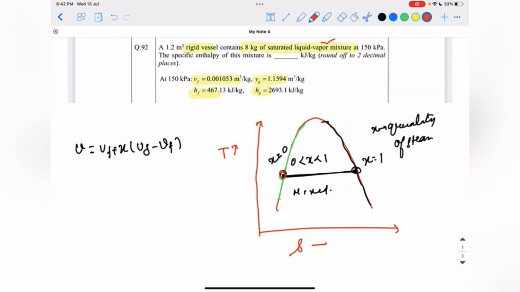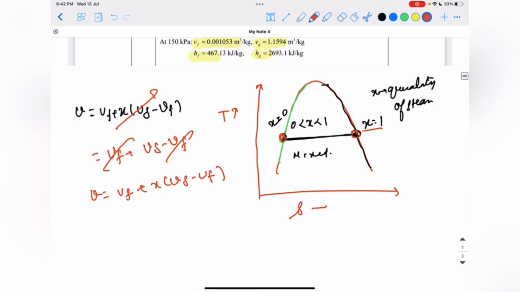So if I put X is equal to 0, then the value of specific volume will be Vf, and at this point X is equal to 1. So if we solve this, then we will get Vg minus Vf. This gets cancelled, and at this point the value of specific volume will be Vg. Now between these two regions it is given by Vf plus X into Vg minus Vf.